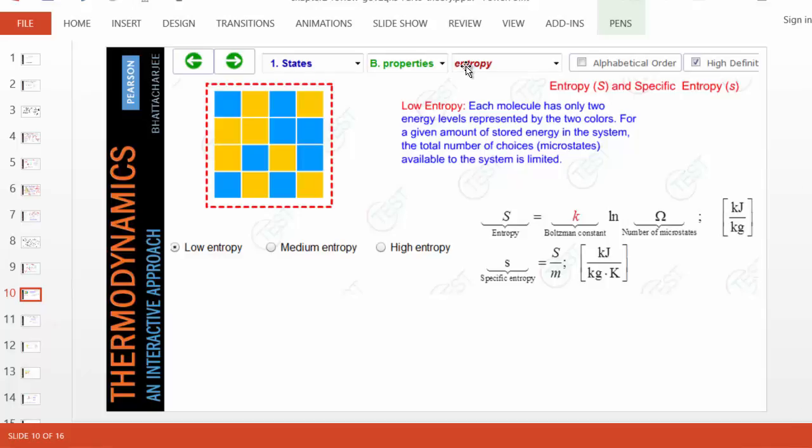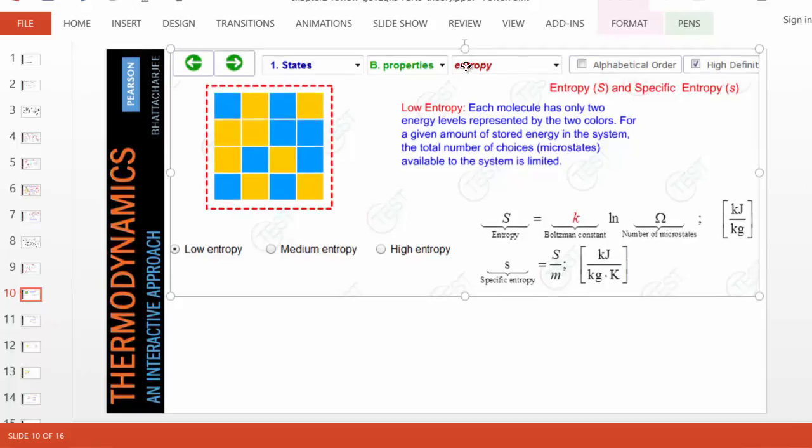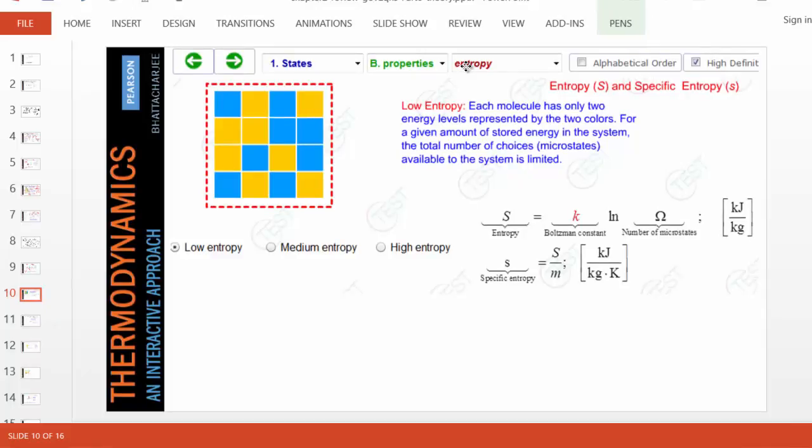So what is entropy? Entropy is basically related to the number of ways in which energy can be distributed amongst molecules, internal energy. Of course, the kinetic energy that we can see with our eyes, where all molecules are moving at the same speed, there's only one way you can distribute the kinetic energy of the entire system.